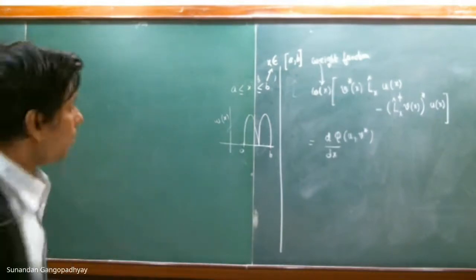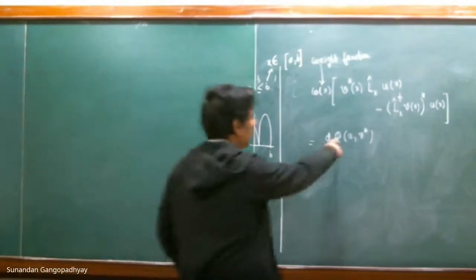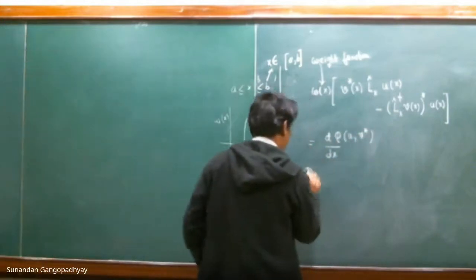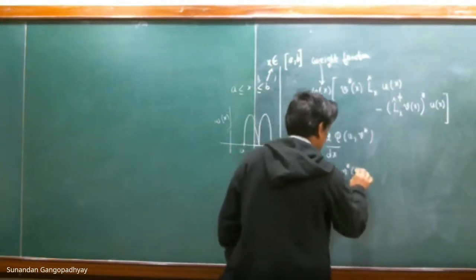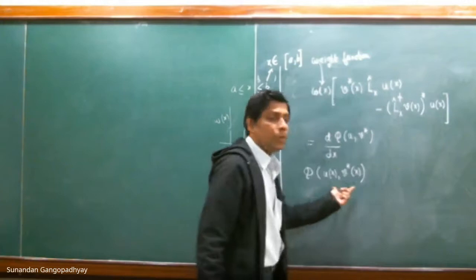Okay. What is this q? This q of u, v star is bilinear in u and v star.